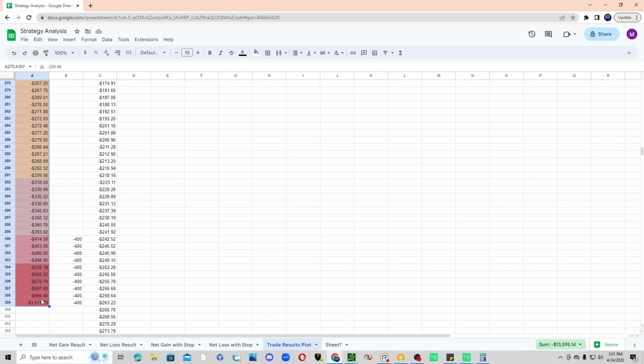I can't snap my fingers and they go away, because in order for me to get to negative $1,100, I had to first get to negative 235. So in short, if I use this as my cutoff, I'm basically saying that all of these losses that are bigger than $235 get flattened at $235, which is going to make a big difference.